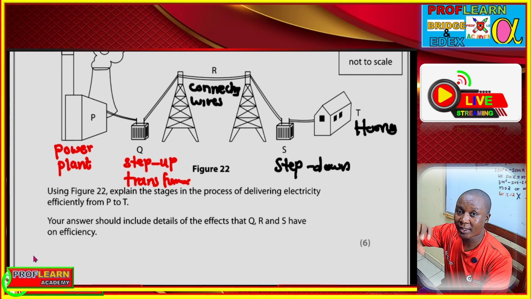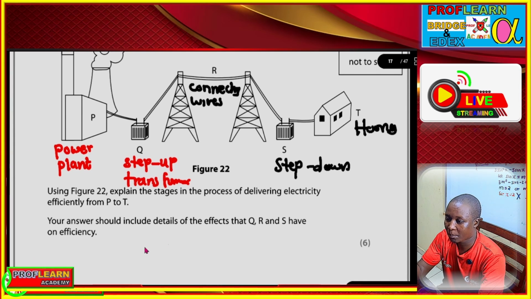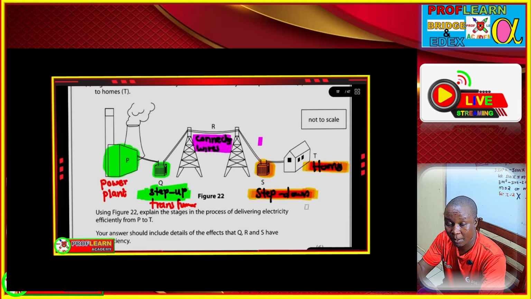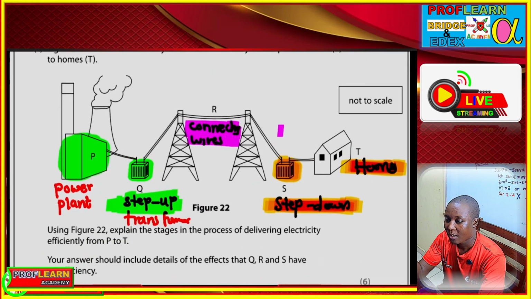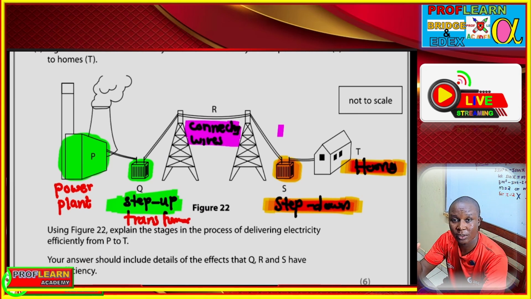And remember, when voltage is increased, it is transmitted at high voltage so that we minimize power loss. We have a step-up transformer to increase the voltage transmitted, and then a step-down transformer is used to reduce the voltage for safety purposes and for usage.